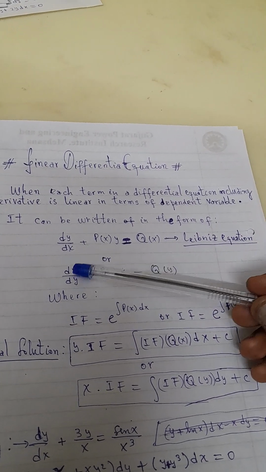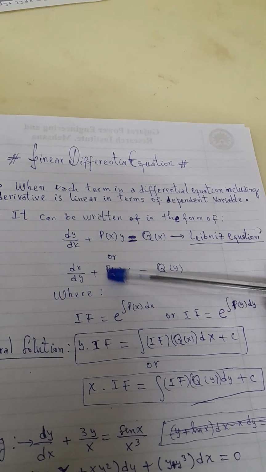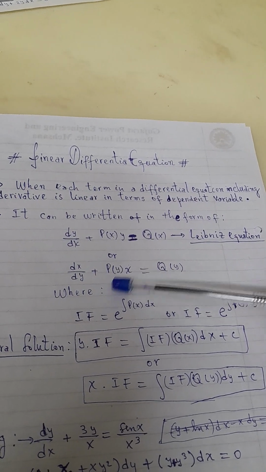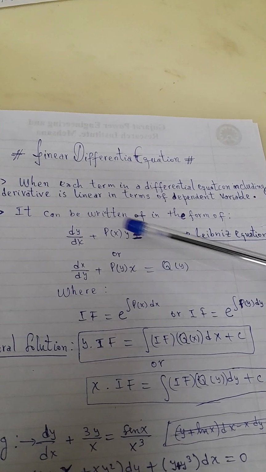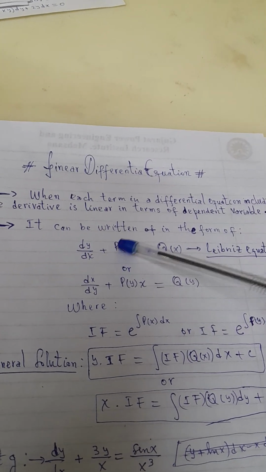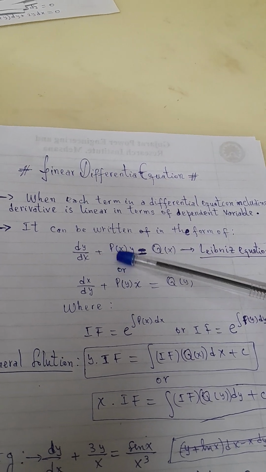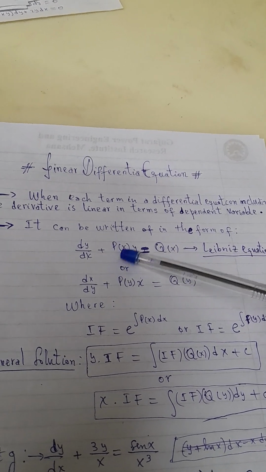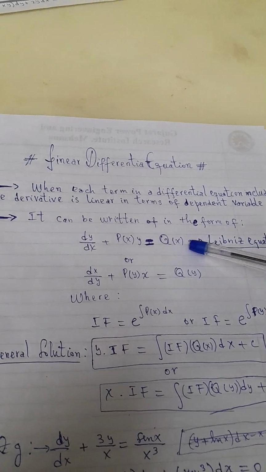When x is our dependent variable, p and q are polynomials of y. But when y is the dependent variable, p and q are polynomials of x.